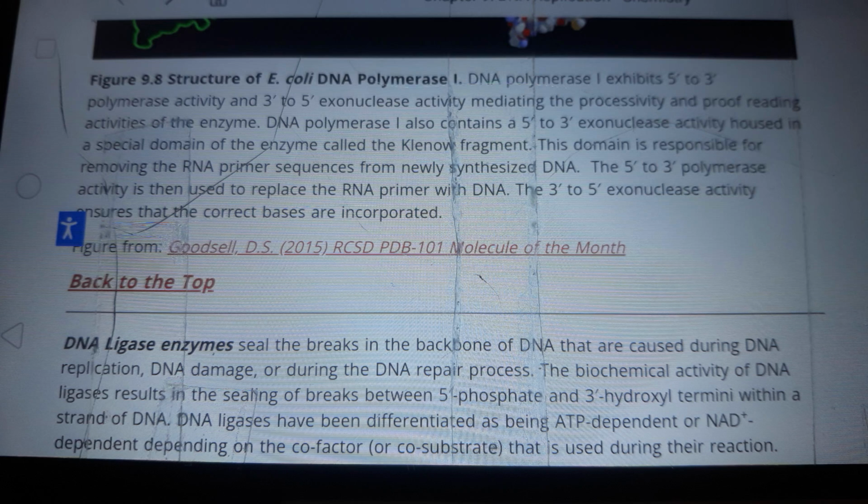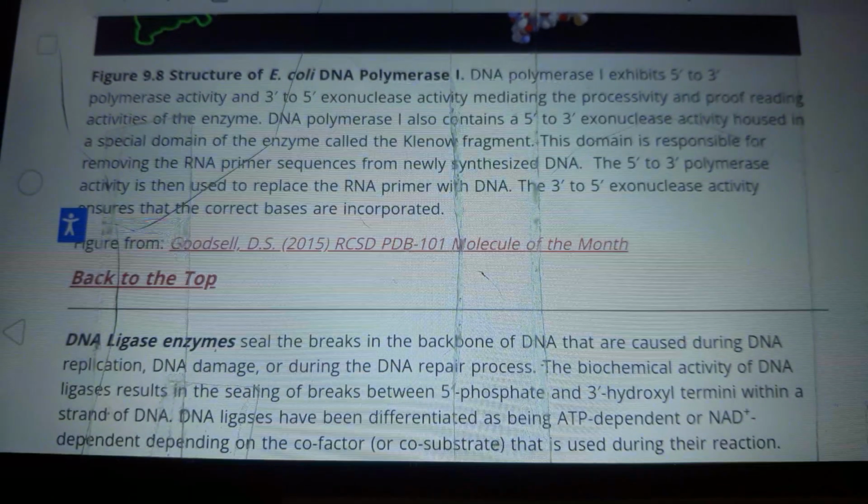So DNA polymerase 1 exhibits 5' to 3' polymerase activity and 3' to 5' exonuclease activity, mediating the processivity and the proofreading activities of the enzyme. DNA polymerase 1 also contains a 5' to 3' exonuclease activity housed in a special domain of the enzyme called the Klenow fragment.